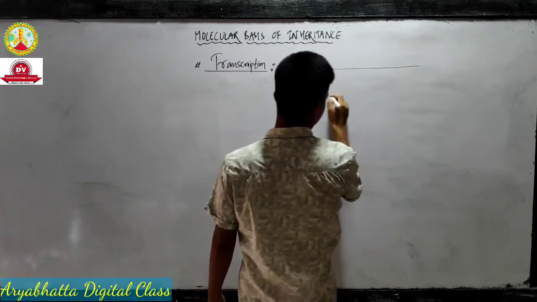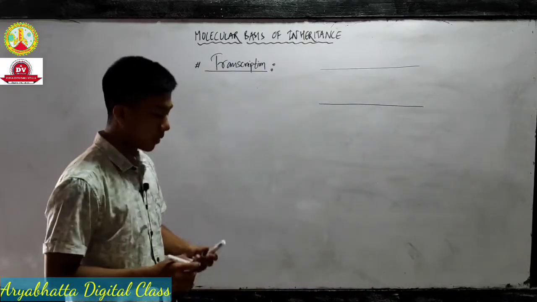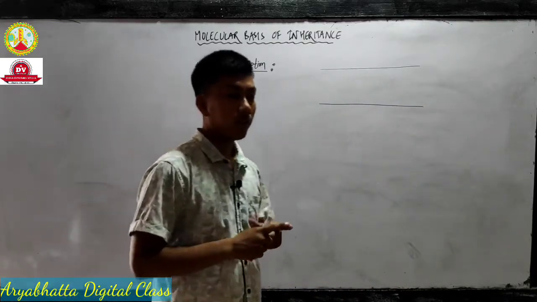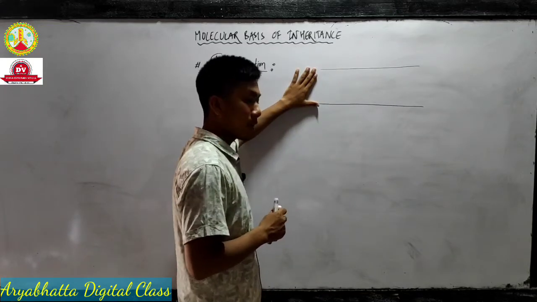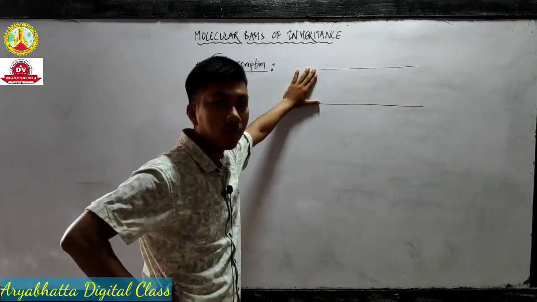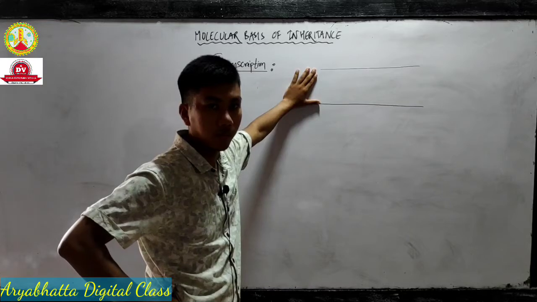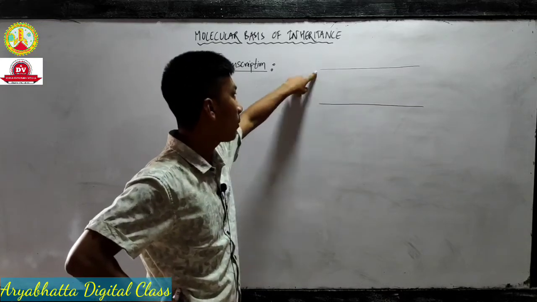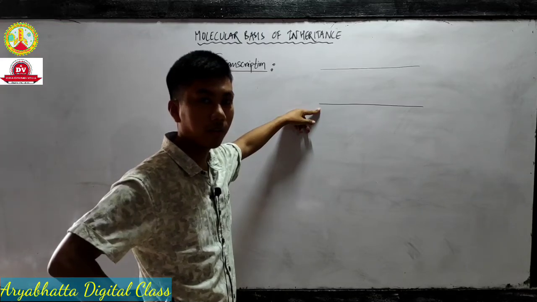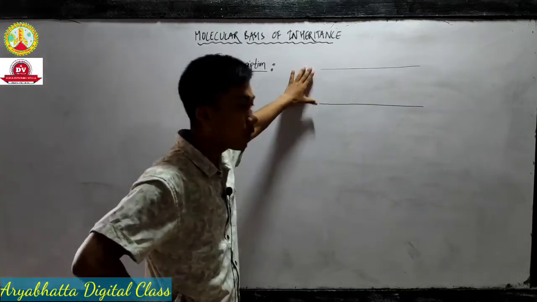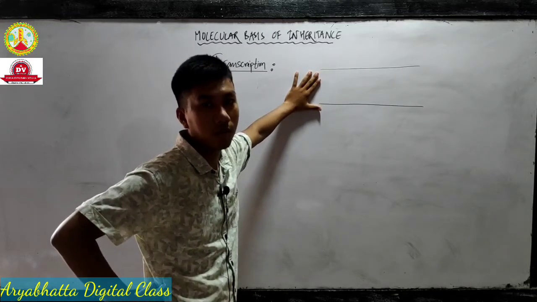So we have a double-stranded DNA. Out of these two strands, either one can be the coding strand. It doesn't matter.